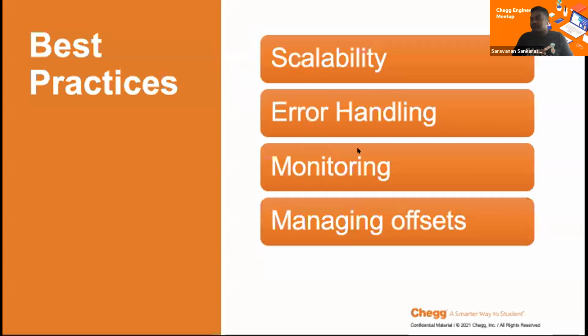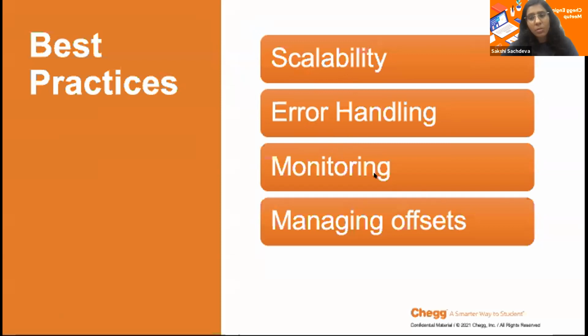Yeah, thank you, Subbu, for setting the context. So hello everyone, I'm Sakshi and I'll be walking through the best practices in Kafka which we are using in Chegg, with the main focus on scalability, how to achieve scale in Kafka using best practices, and how we handle error scenarios in Kafka.